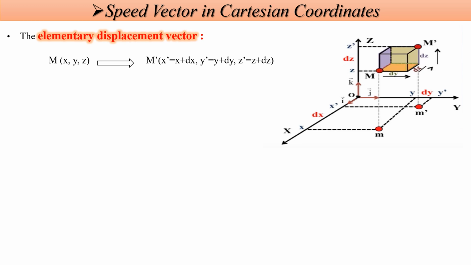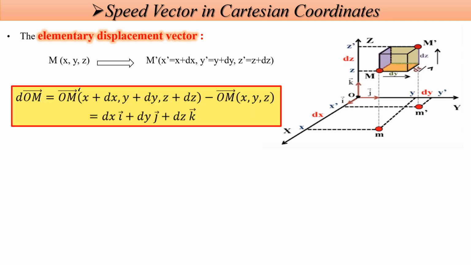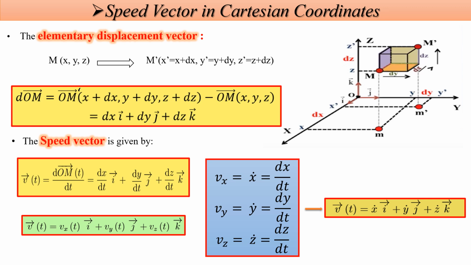The elementary displacement vector is given by this. So, the components of the velocity are calculated by the first derivative of the position vector with respect to time.